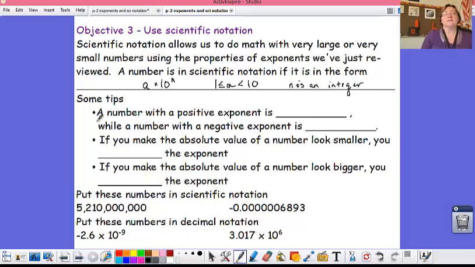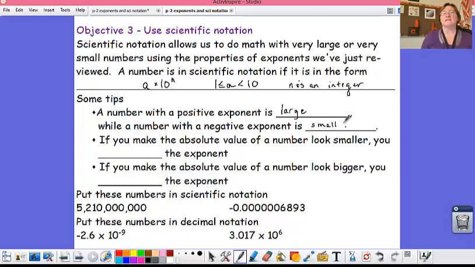All right, some things that help me when I'm working with scientific notation is this. A number that has a positive exponent is a large number. That is, if I'm looking at 2 times 10 to the 6th, that means that I'm talking about a really big number. Positive exponent, large number. A number with a negative exponent is small in value. It has a small absolute value.